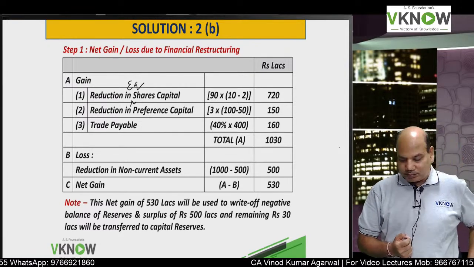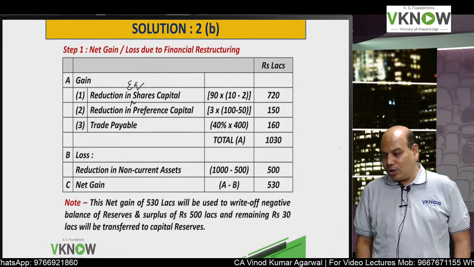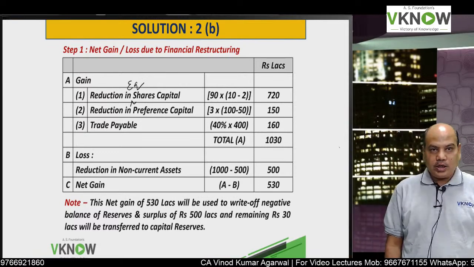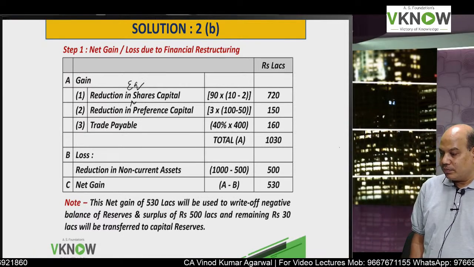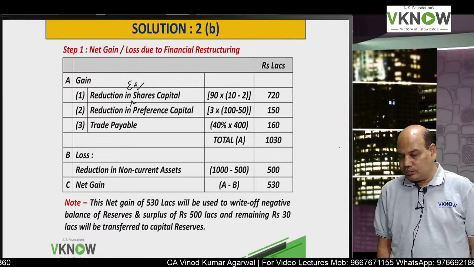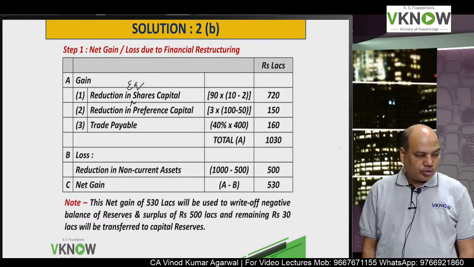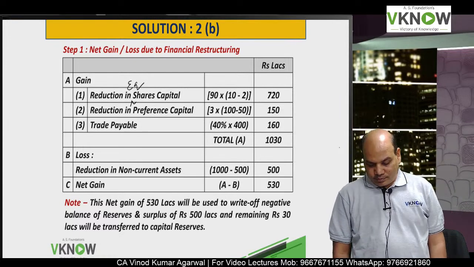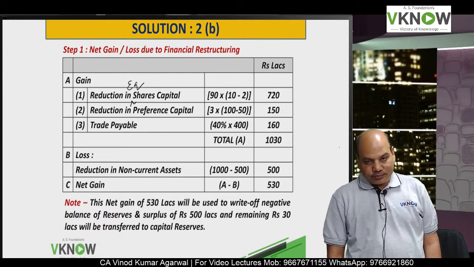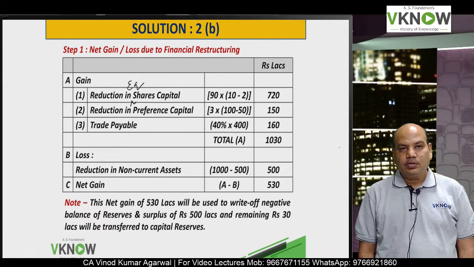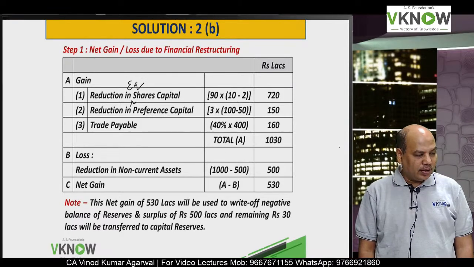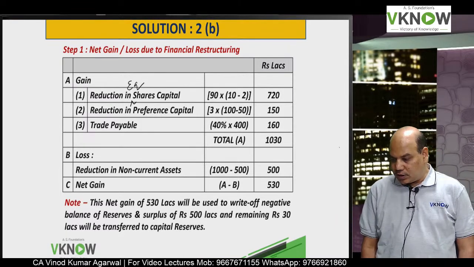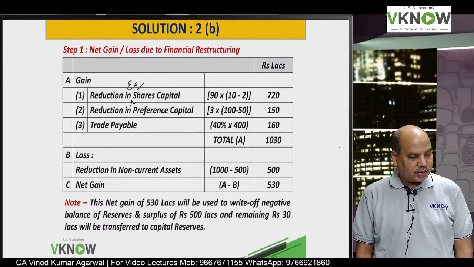Write down the net gain of rupees 530 lakh will be used to write off negative balance of reserve and surplus of rupees 500 lakh.